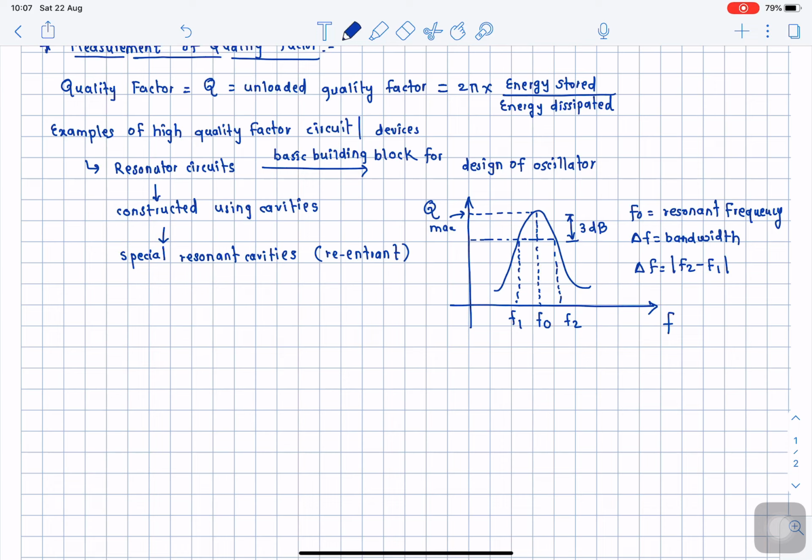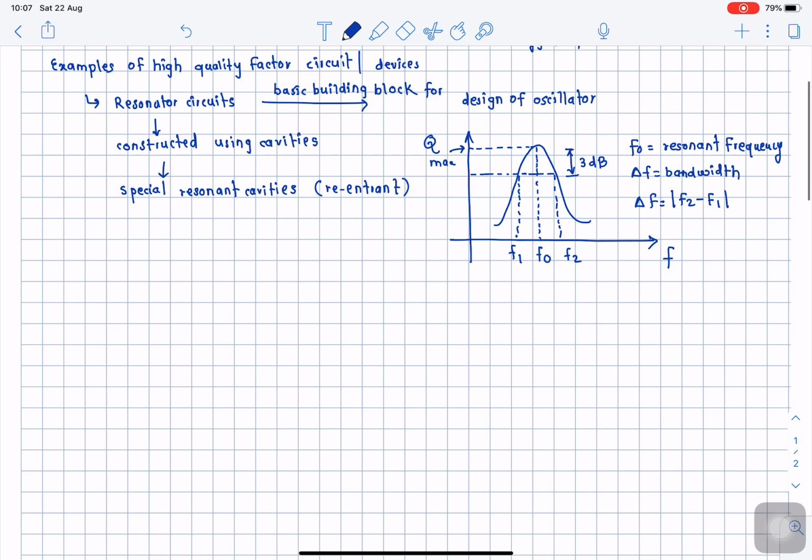The loaded quality factor is given by QL. Now what is loaded quality factor? Loaded quality factor is the quality factor provided by the resonator circuit when it is loaded with a certain load or when it is used in a certain circuit.